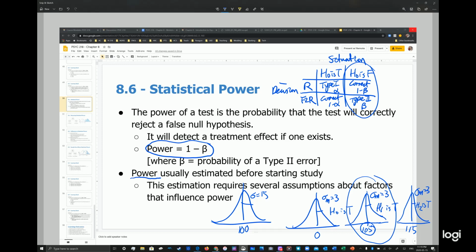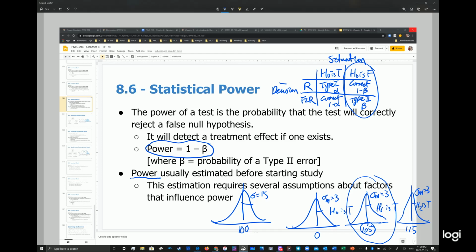Now, power is usually estimated before starting the study for two reasons. One, you made your prediction. You would predict how large the effect would be. And two, calculating the power of a test would help you determine how large the sample you would need.